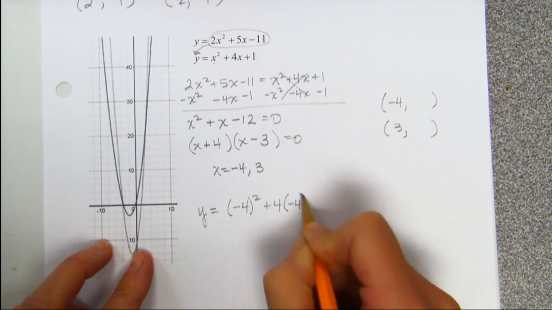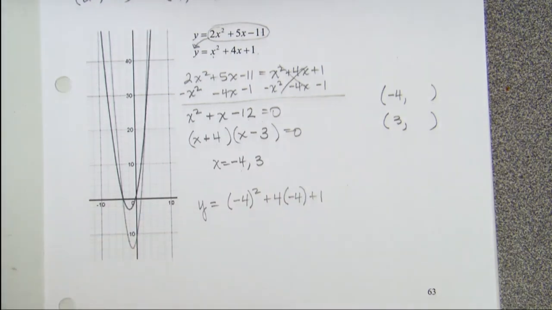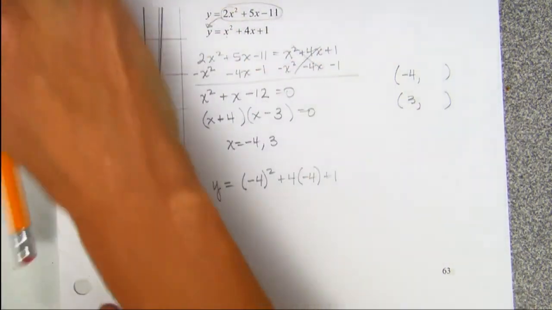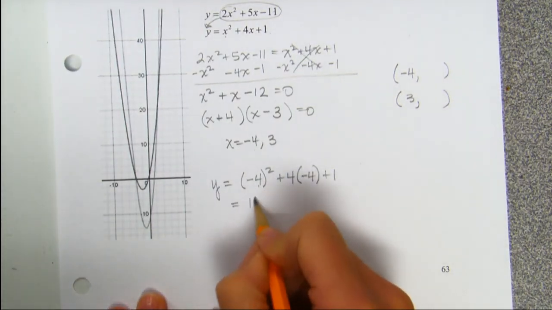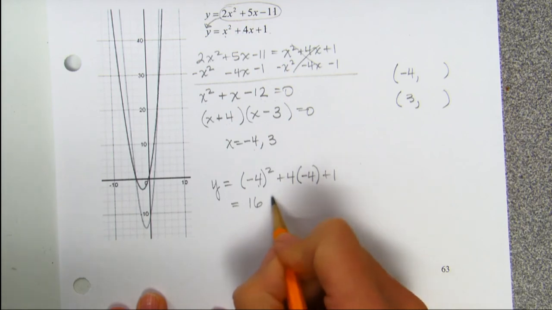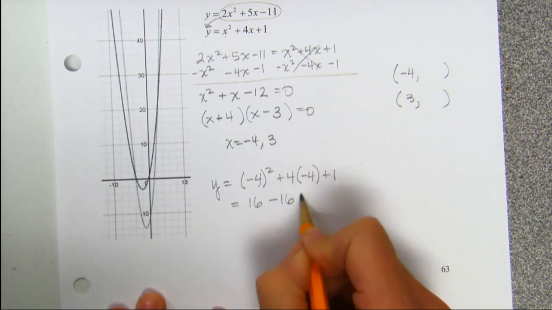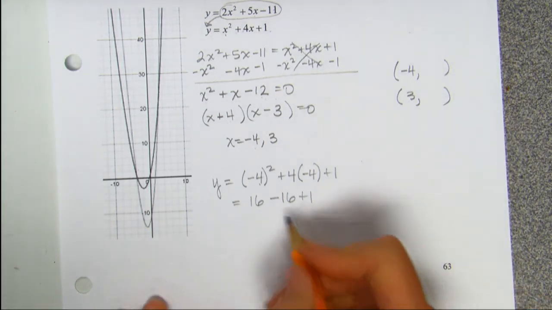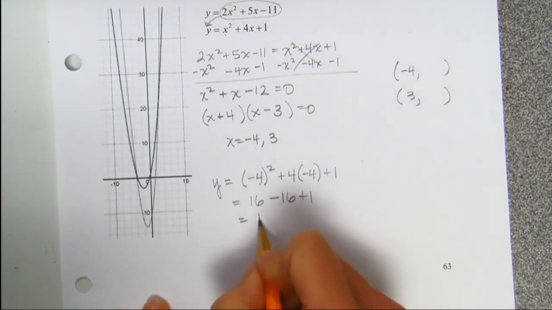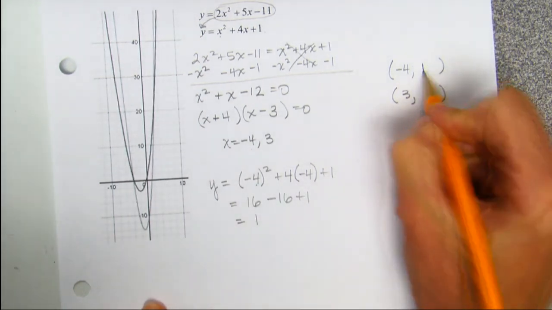It's wrong. Because it's a negative 4 times a negative 4, which is a positive 16. In the middle, I'll get a minus 16. 16 minus 16 is 0 plus 1, which is 1. The negative 4's partner is a 1.